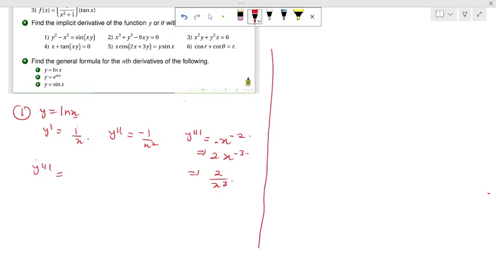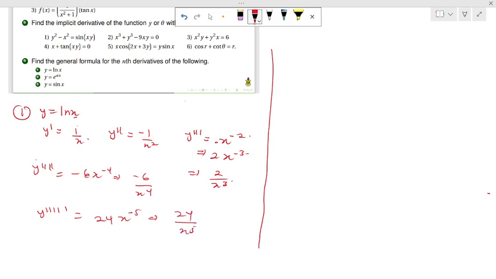Fourth derivative is going to give me negative 6 x to the power negative 4, which is the same as negative 6 over x to the power 4. Then let's go to the fifth derivative. So fifth derivative, here will be positive 24 x to the power negative 5, the same as 24 over x to the power 5.